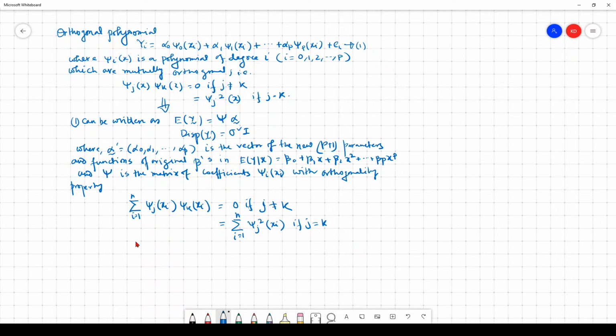This implies psi prime psi is a diagonal matrix, hence psi prime psi whole inverse is also diagonal.